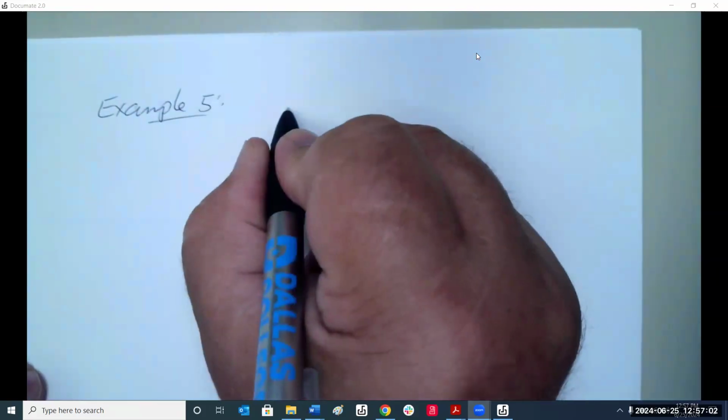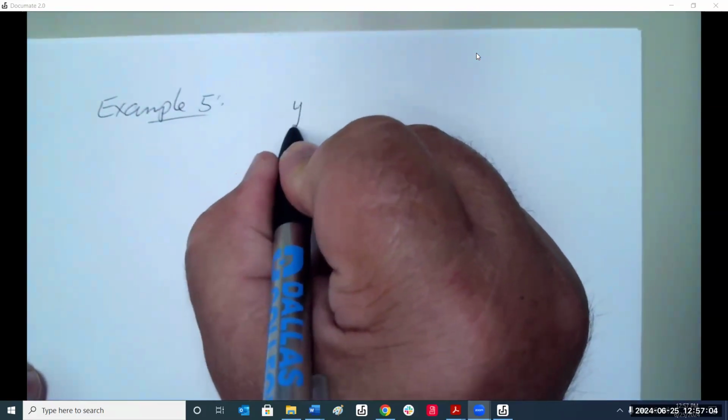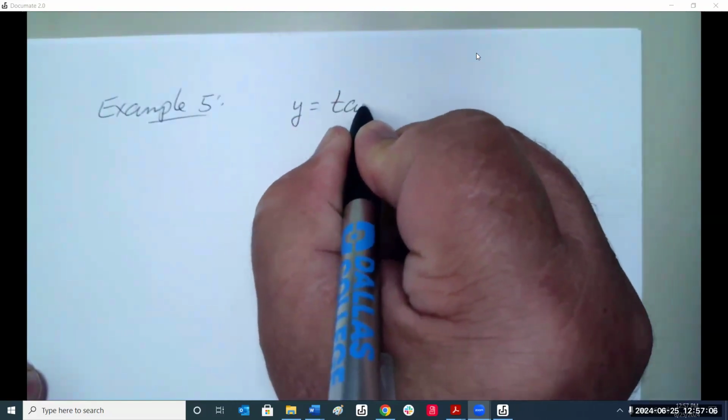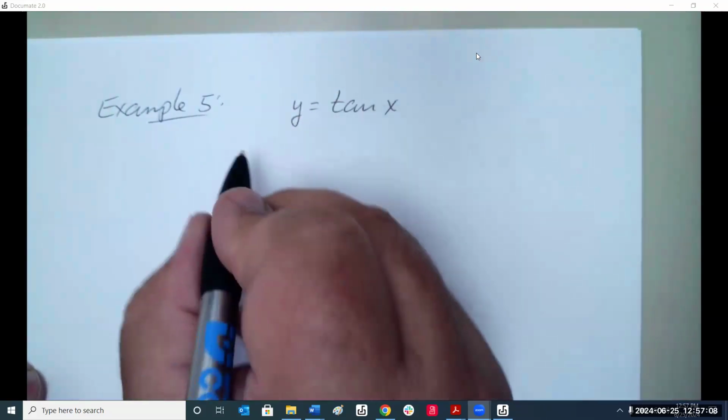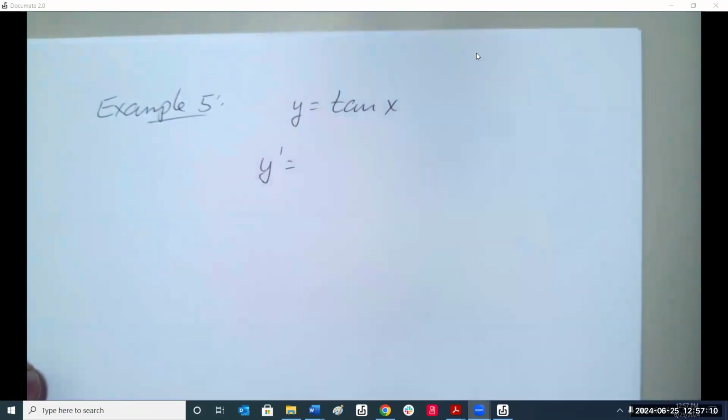Example 5. If your function is tangent t or tangent x, find the first derivative.